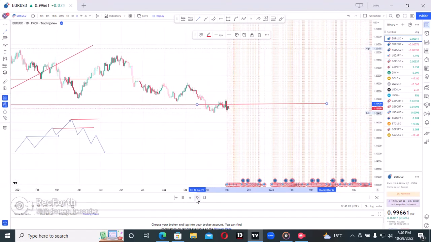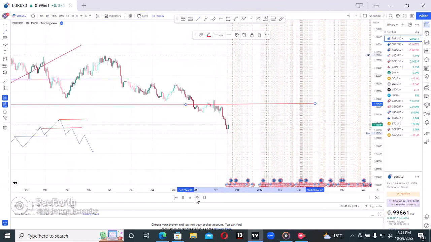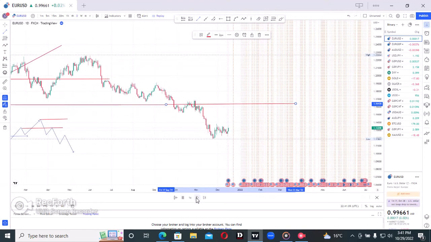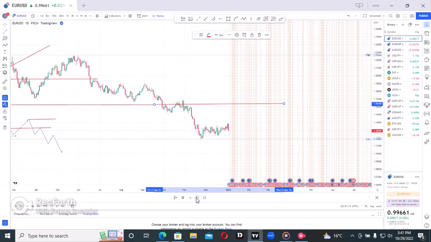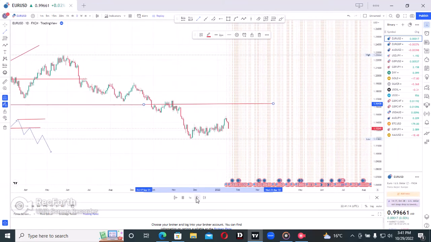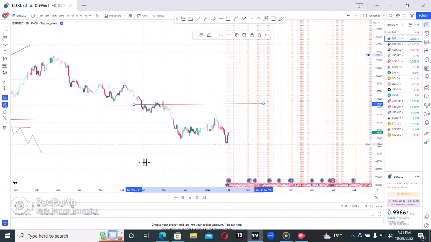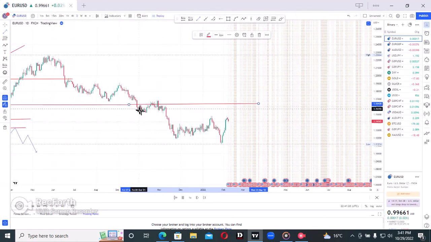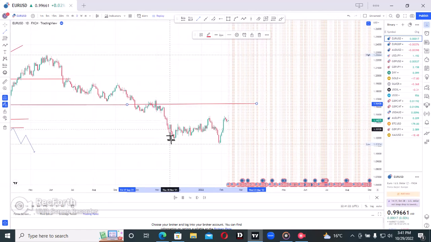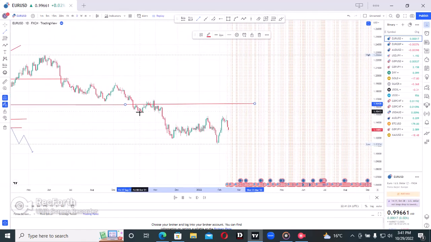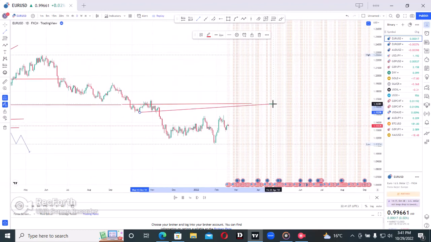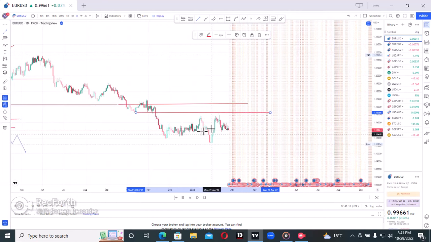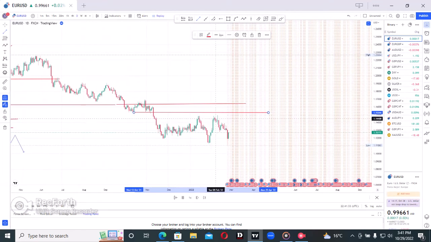Now we have a break below, which means that I'm going to expect that this market is going to move in the down direction. I hope this is clear, guys. So you can see that we have a breakout here, and then we retrace to this line here, and then the market moves down, and then you're going to draw your resistance line here.